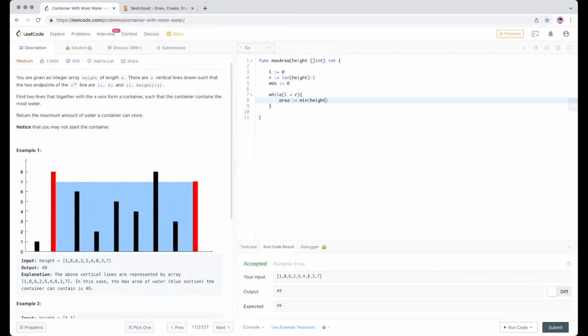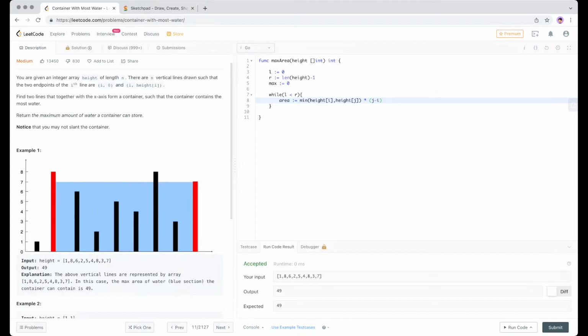The area is basically the minimum between height[i] and height[j]. So this is your y-axis, multiplied by the x, which is j minus i. Initially that is 8 minus 0, so 8.